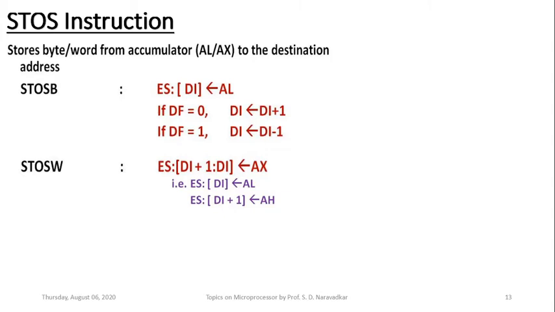Then the contents of the AH register, that is the higher byte, will be copied to extra segment offset DI plus 1, the subsequent incremented offset. And then the effect of the direction flag here. If the direction flag is 0, then auto increment DI by 2. If the direction flag is 1, then auto decrement the contents of DI by 2.